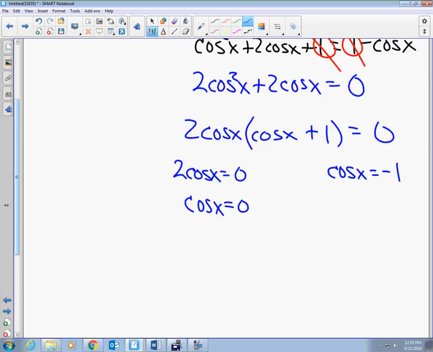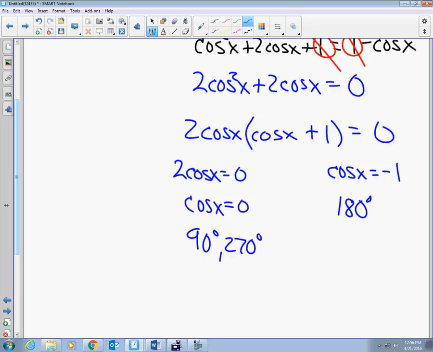So, the big question, where's cosine of x equal to 0? We already answered that twice before, so 90 and 270. Where's cosine equal to negative 1? 180. It's equal to 1 at 0 and 360 because it's positive over there, negative 1 over on the other side.